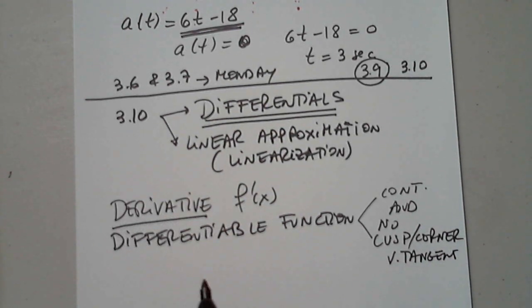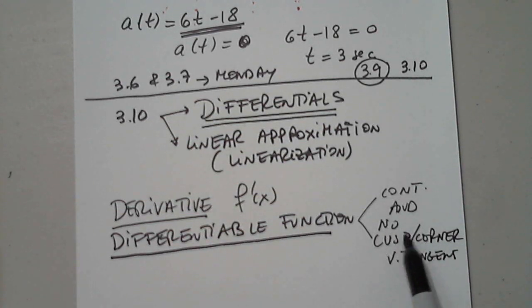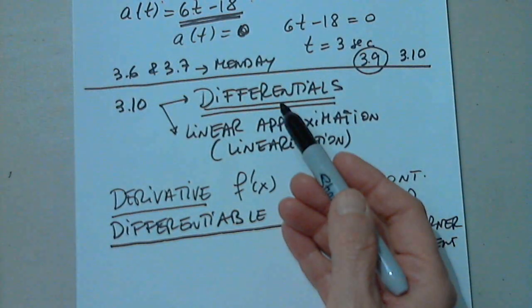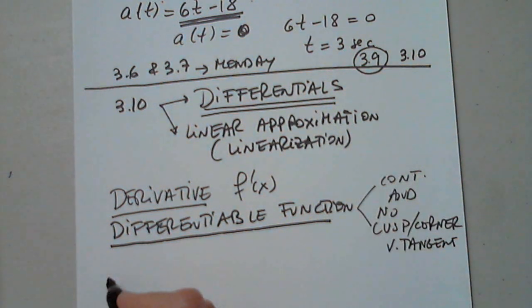So the derivative is one thing. A function is differentiable if it is continuous and has no cusp, corner, or vertical tangent. Now there is a new concept. It looks like these two, but not really. A differential.